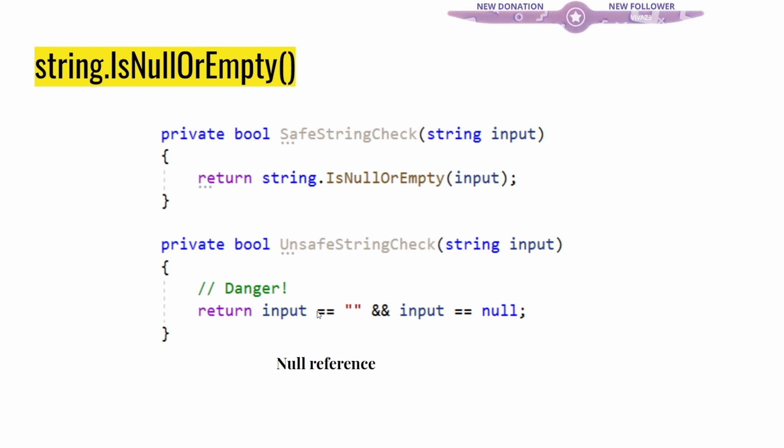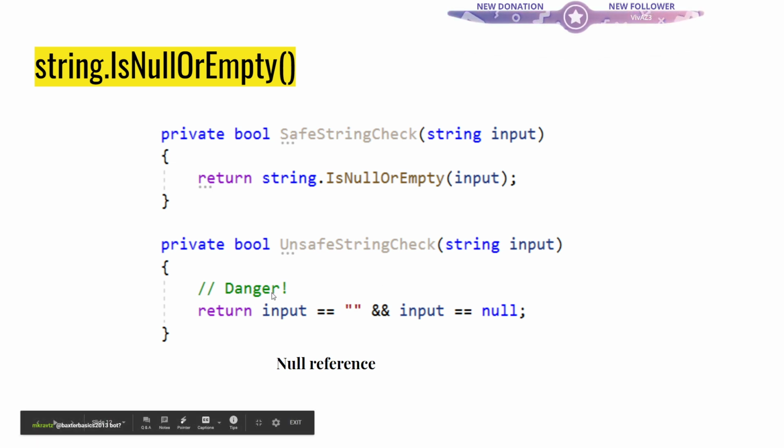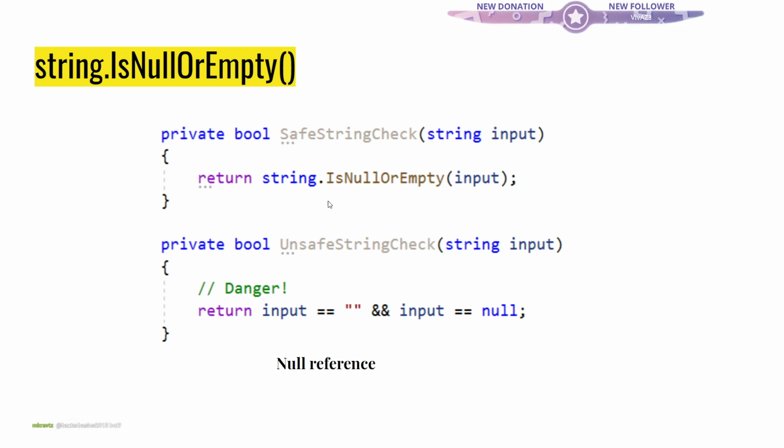So in this case, if my string is null, it will throw an exception. So don't do this manually, use this one: string.IsNullOrEmpty for checking if a string is empty or null.